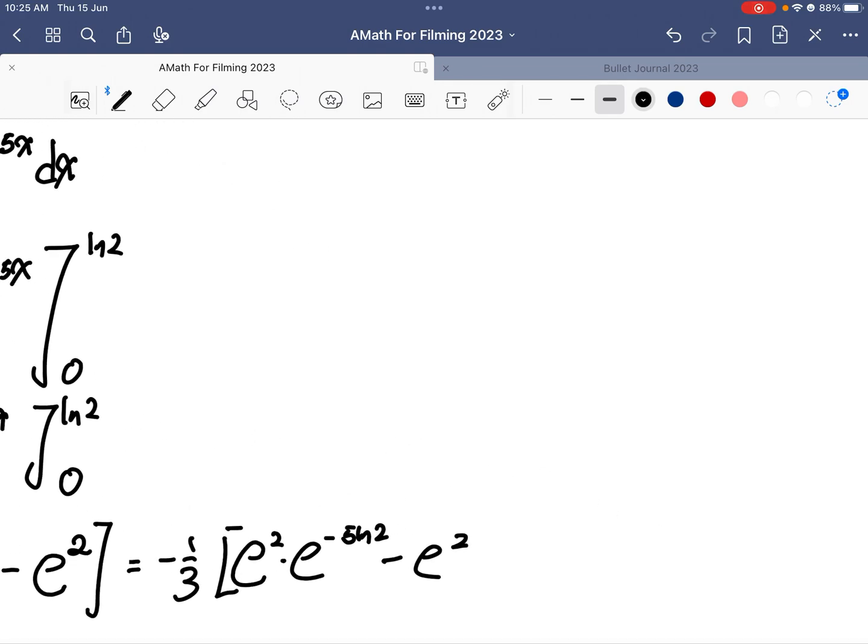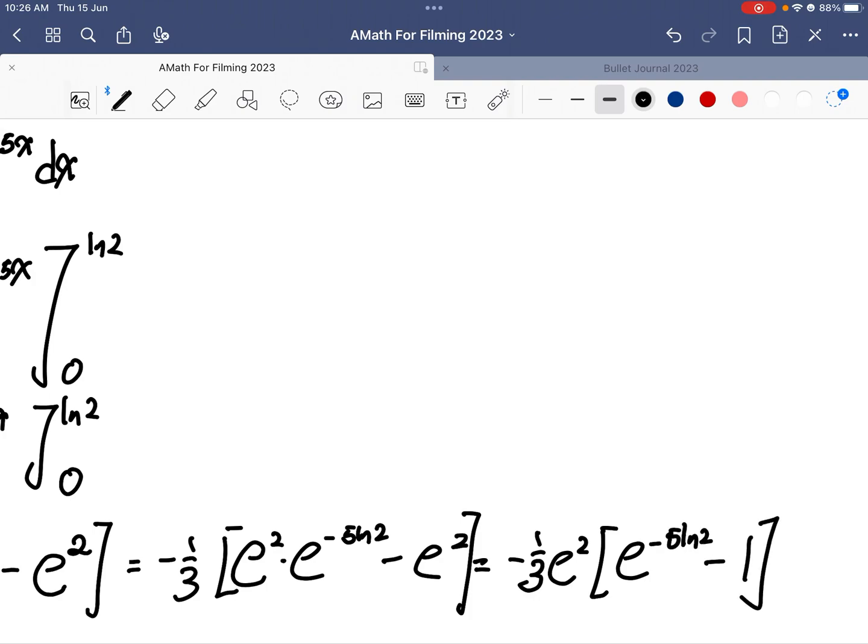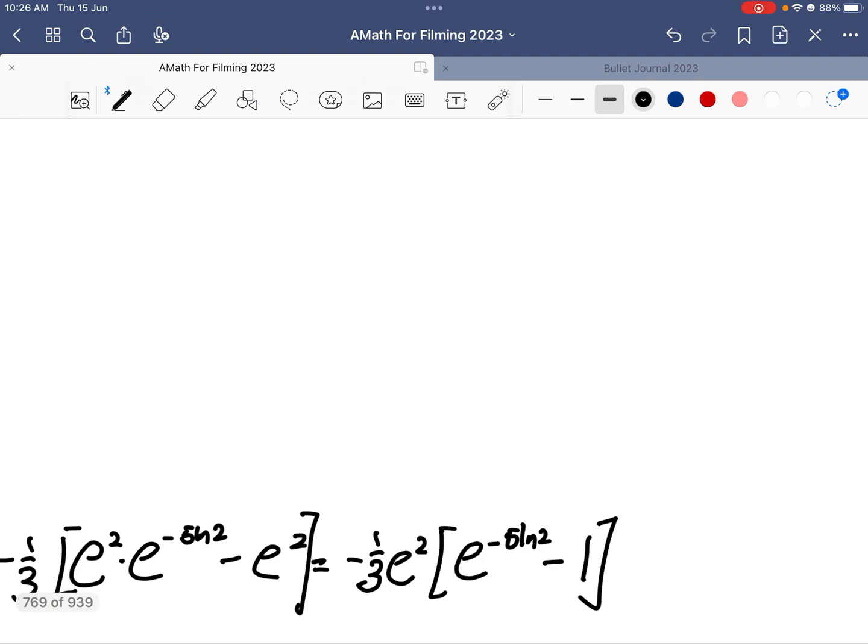So what I can do here is to factorize my e squared. So I get negative 1/3 e squared times e to the power of negative 5 ln 2 minus 1. Then, if everything is done correctly, if you key in the calculator, you'll notice that this will yield 2 to the power of negative 5.